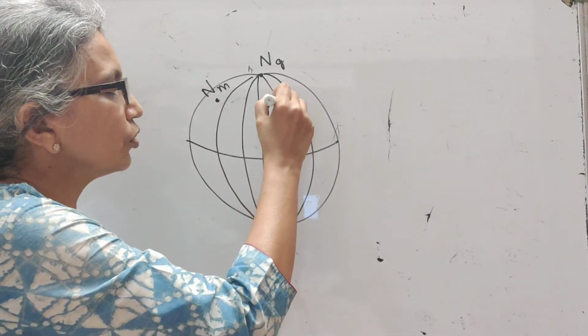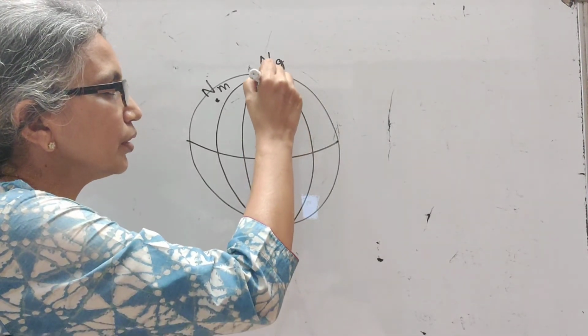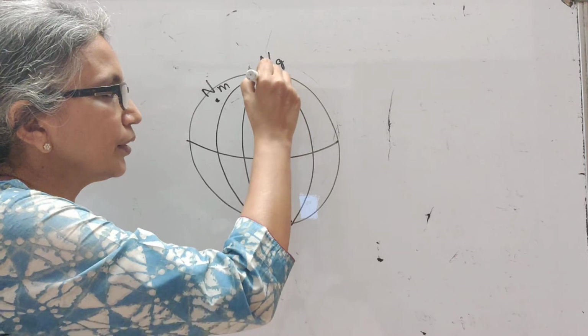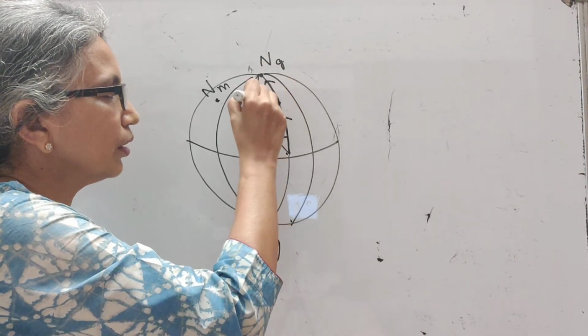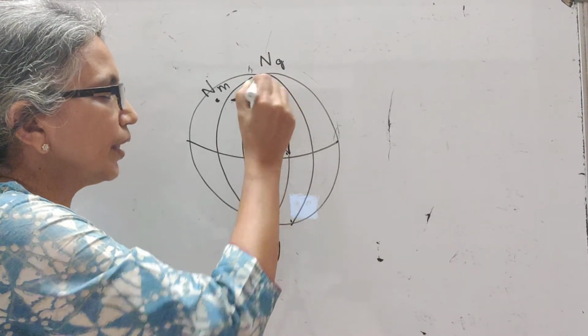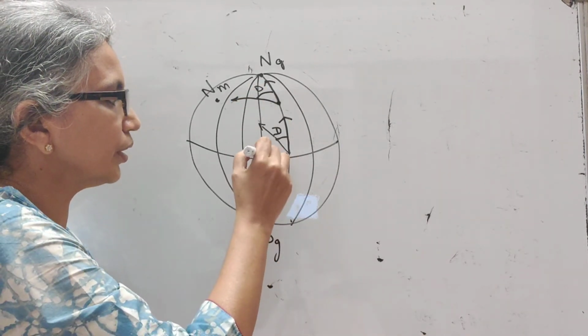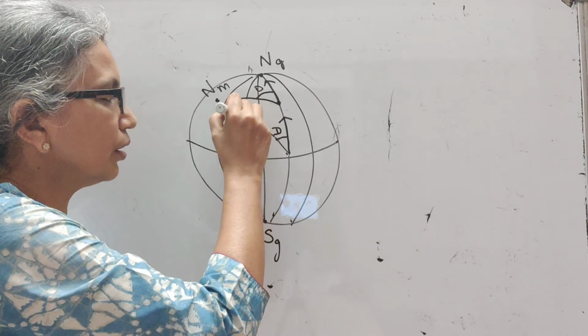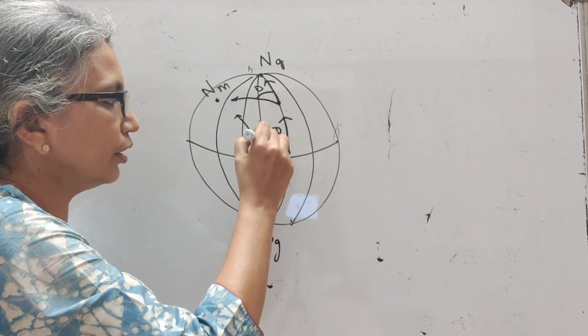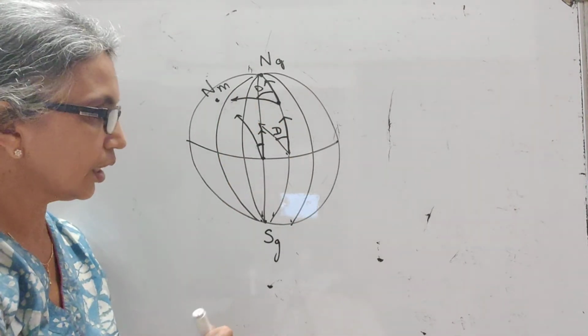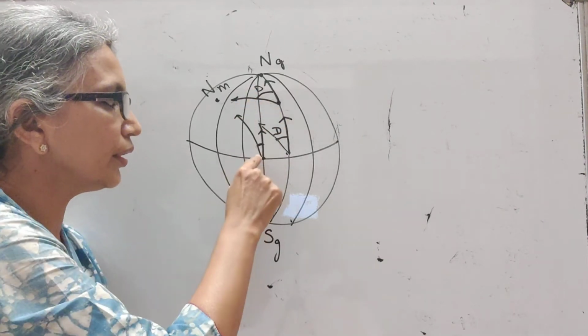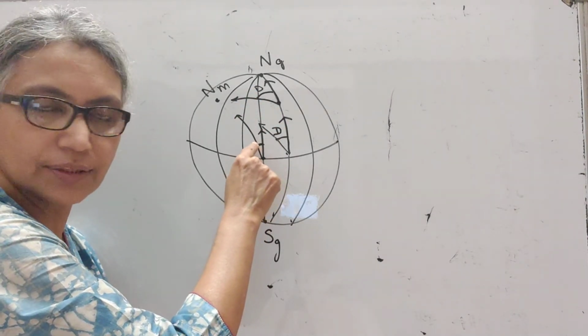Now you will see as you go higher up, if I take this place here, this will be the angle of declination D. At a point at the equator, this will be the angle of declination. So as you go higher and higher, at the equator the angle of declination is very small.